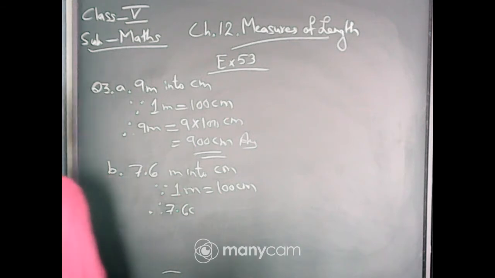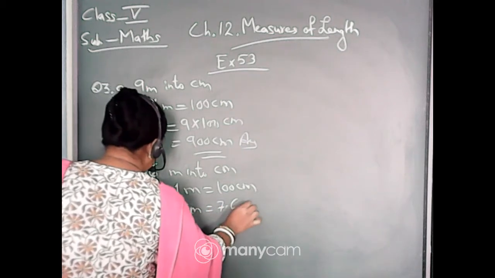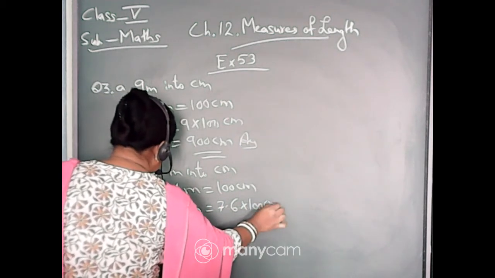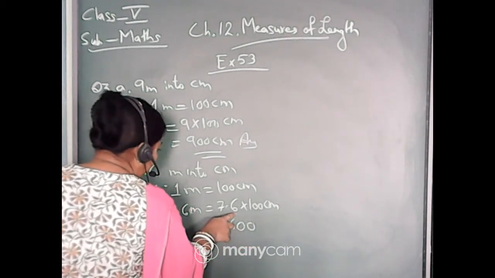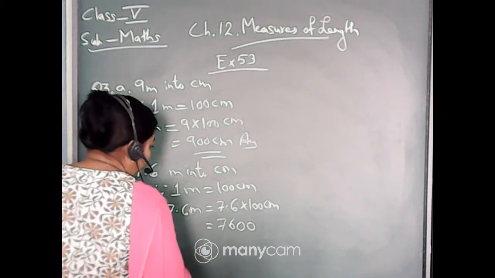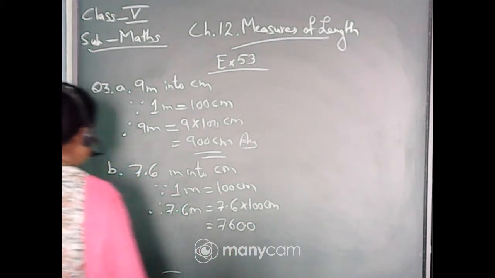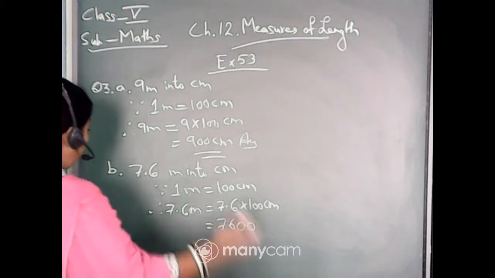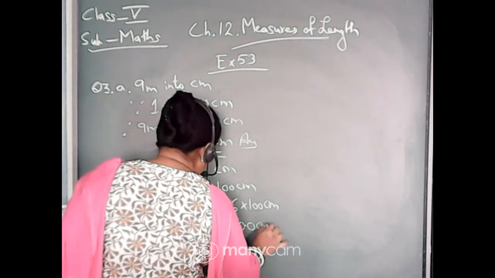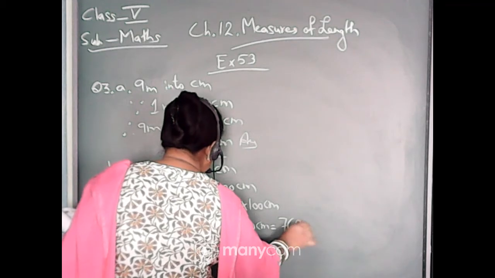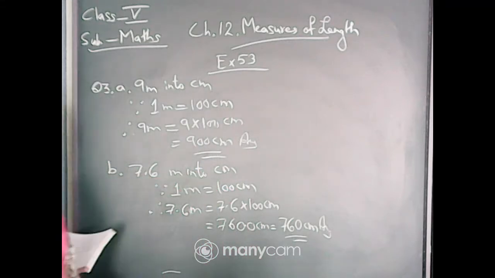So 7.6 meter is equals to 7.6 into 100 centimeter. So this will be 7, 6, then 0 and 0. Since the decimal point is after 1 digit, you will also give 1 decimal point after 1 digit. That means 760.0. Now after the point the 0 has no value, so you will write 760 centimeter as the answer.